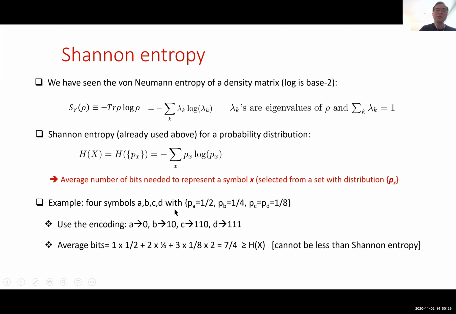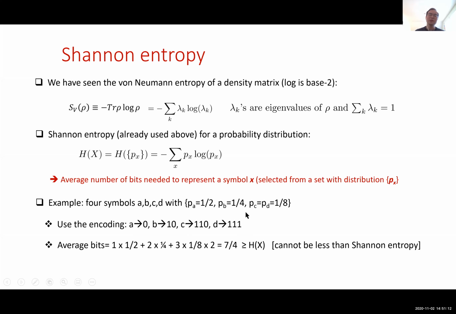So we can ask the question, if we want to encode messages with only 4 symbols, what is the average number of bits we need to use? So the Shannon entropy sets the lower bound. You can use more, but if you use an average number of bits fewer than Shannon entropy, then the compression would have a lot of loss. So you will not necessarily be able to recover your messages.